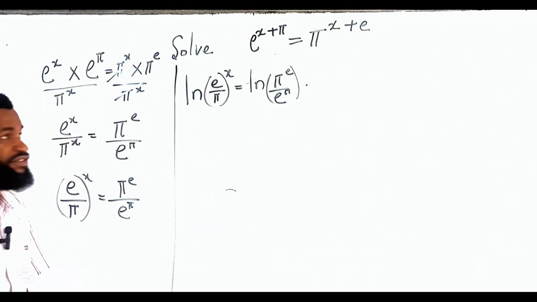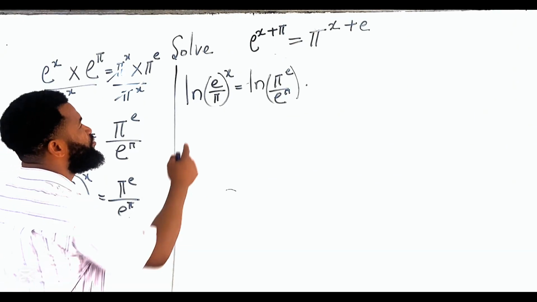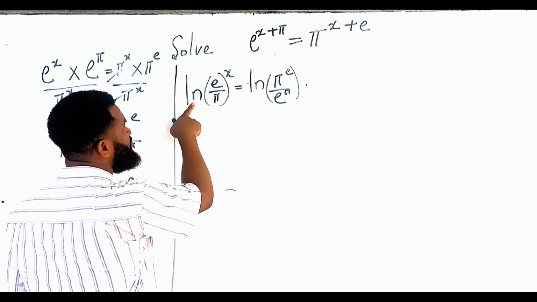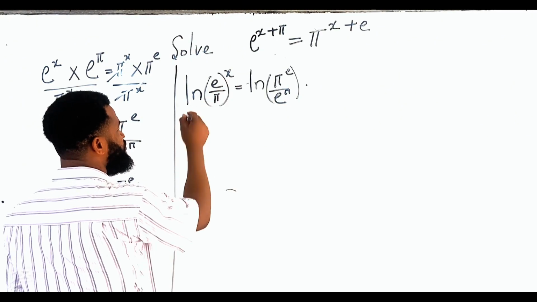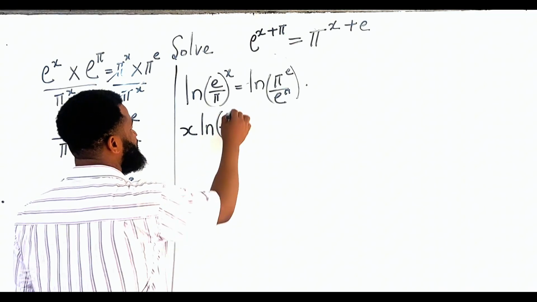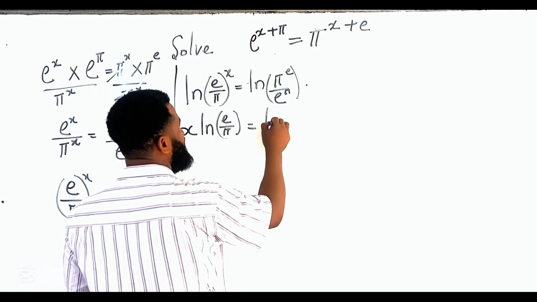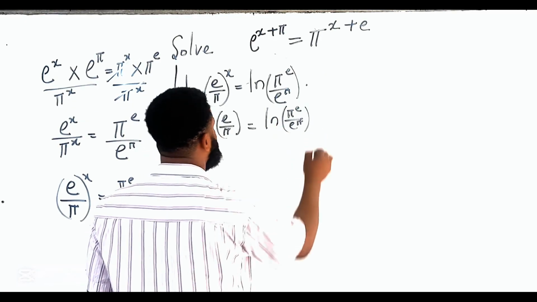Why? Because I want to bring this x down, right? So when I bring in the natural logarithm of e over pi raised to power x, I'm going to have x ln e over pi, which is equal to ln of pi raised to power e all over e raised to power pi.